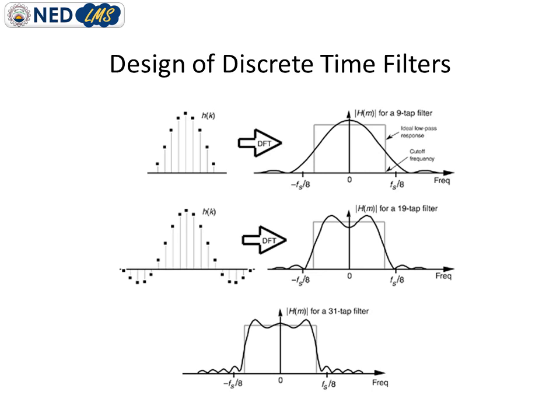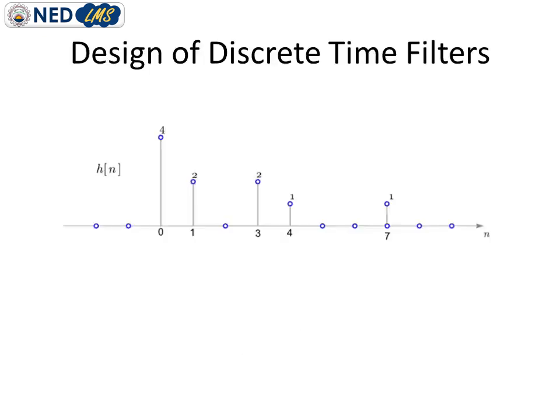Suppose we are obtaining this impulse response after taking the inverse FFT of the frequency response. So here the impulse response is in the time domain, which is informing us of the system coefficients of which the system is comprised.